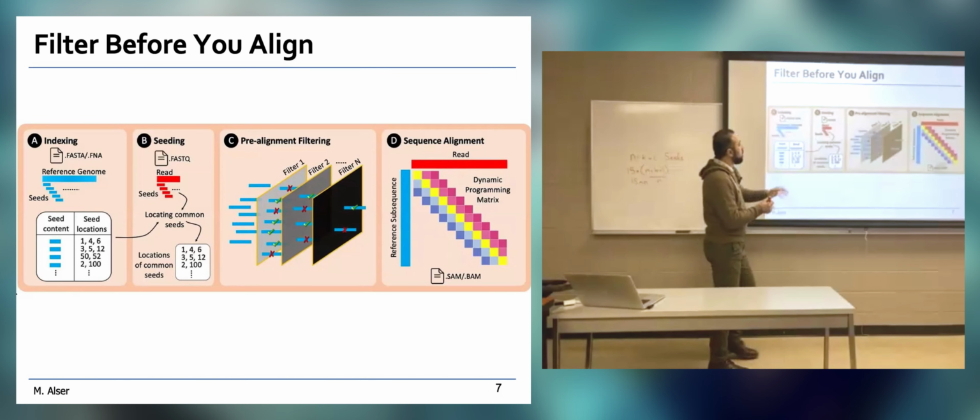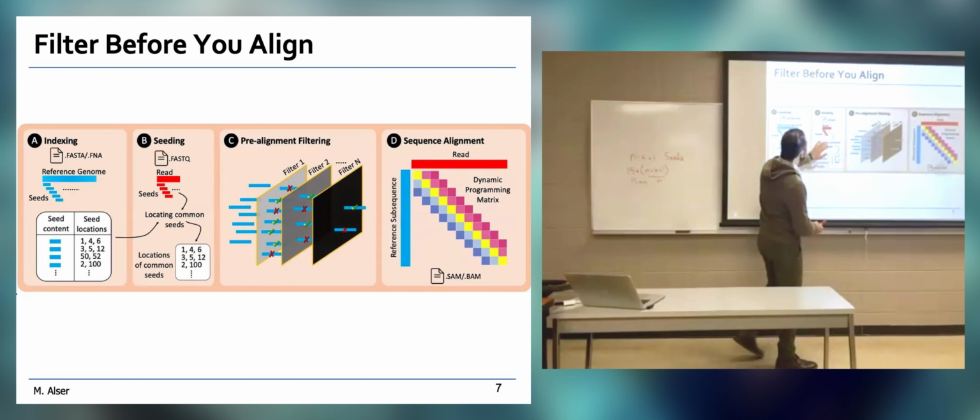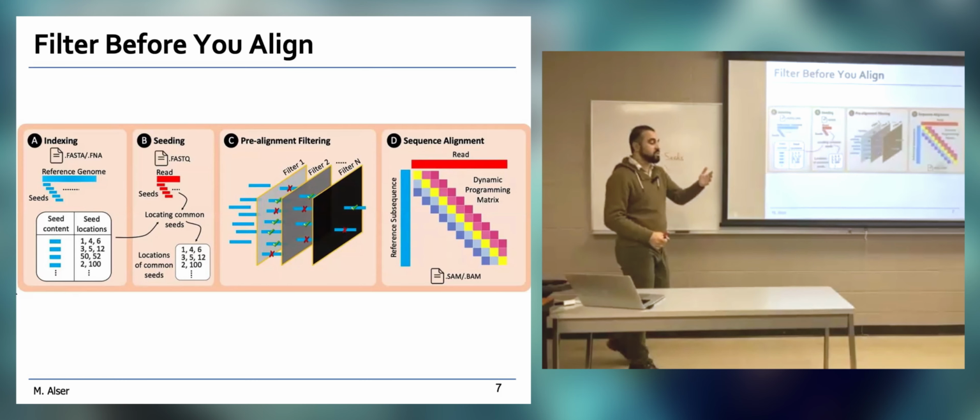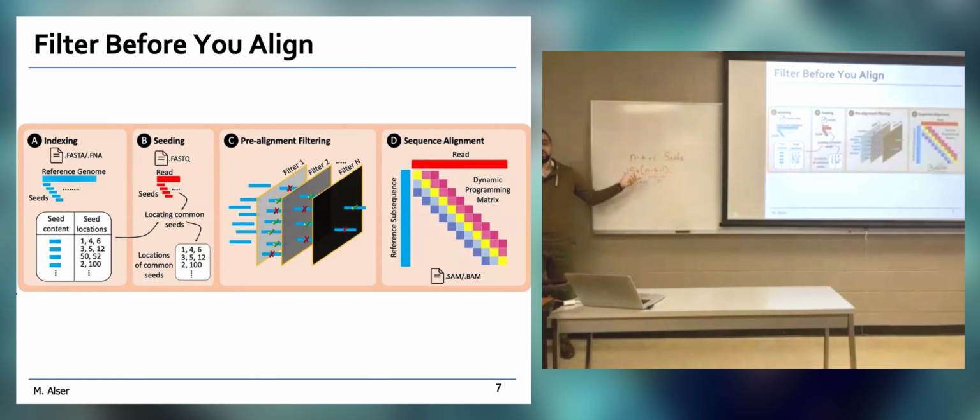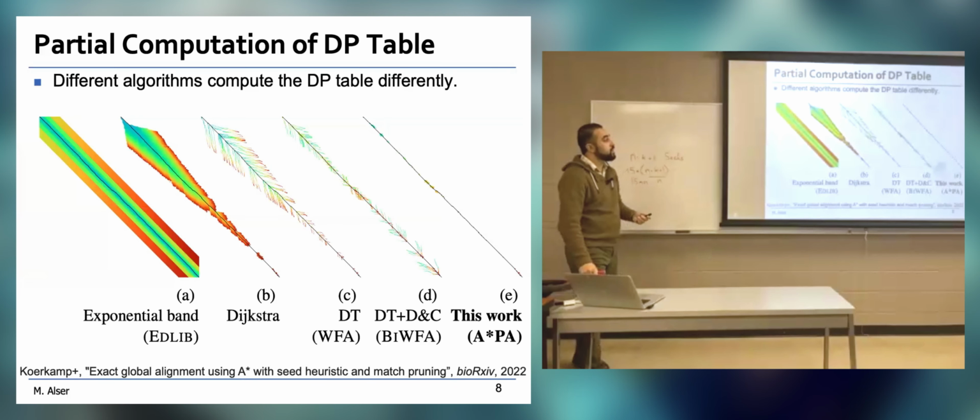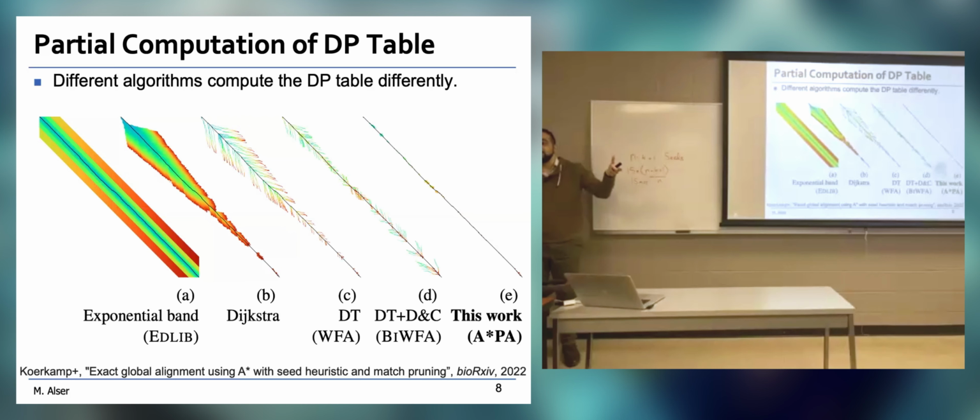And now, also in the seeding part, there are a lot of optimizations on how we reduce the number of seeds. And when we jump to sequence alignment, we see several works on how we could reduce the number of calculated cells in the dynamic programming table itself.